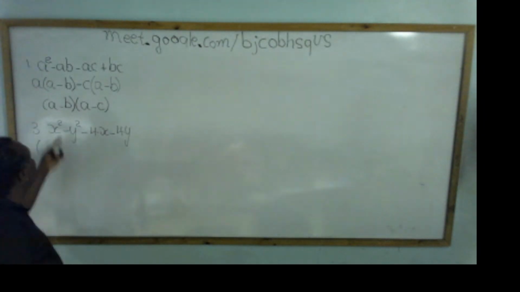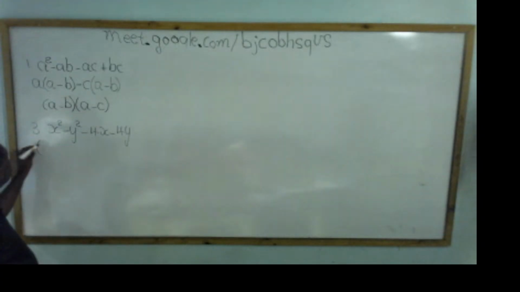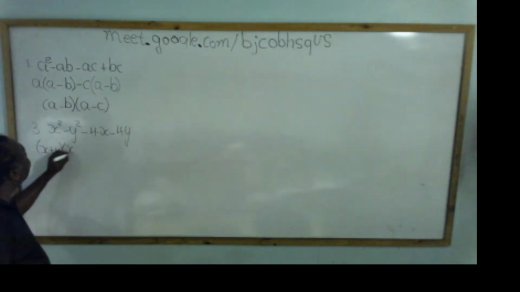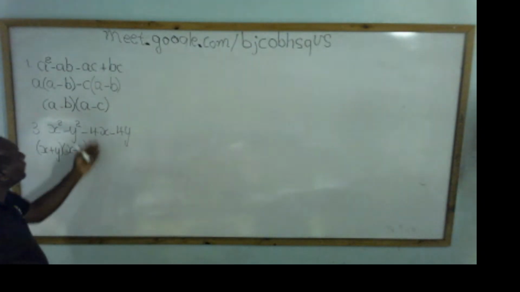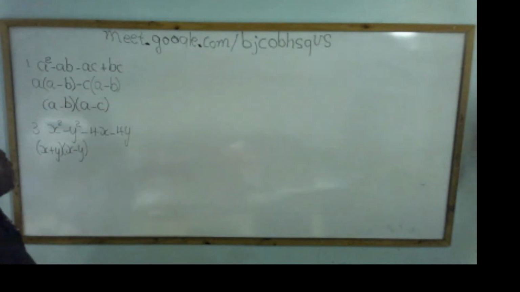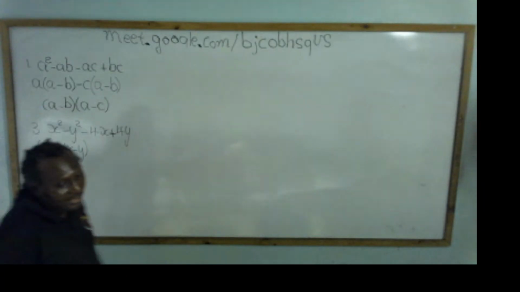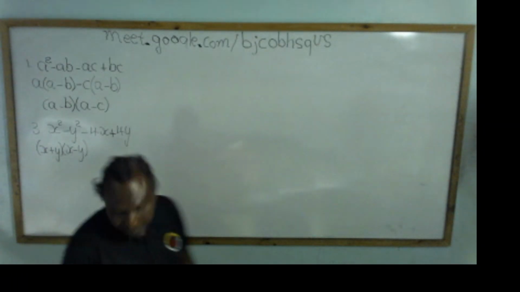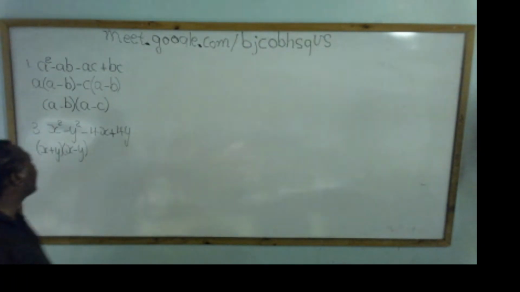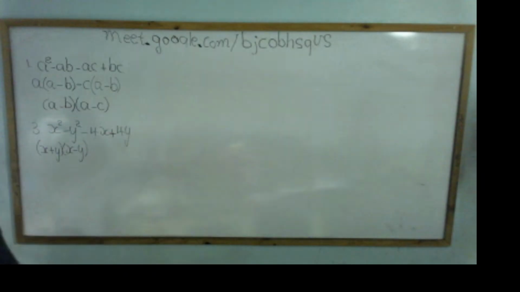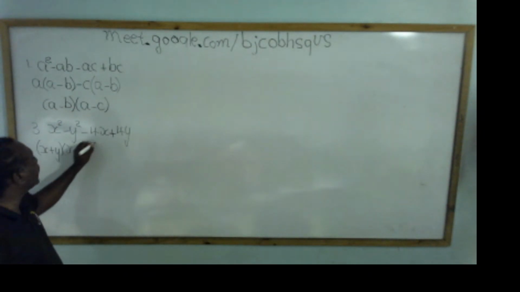This is the difference of two squares. X plus y, x minus y. And of course for this, you have a common factor of 4 right there. I'm not so sure that this is minus, maybe this will be plus. So let me take a second look at it. Yes, it is plus. So let us take the common factor of negative 4.